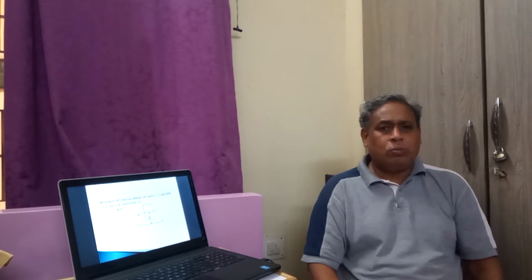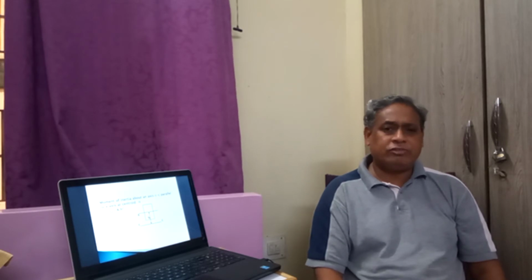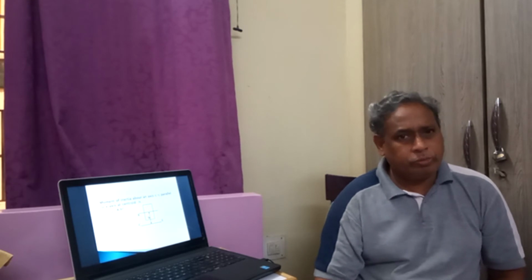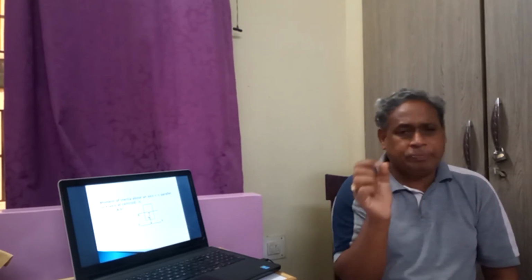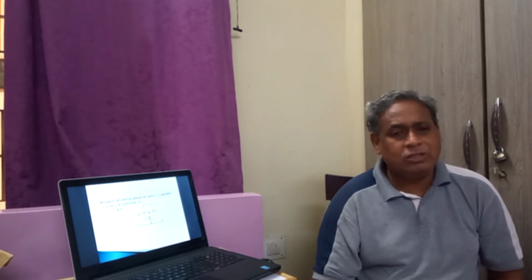Because we know the concept of moment of inertia is AD square, I is equal to AD square. So this IXX we got through the summation of the strips. Finally we got the summation of strips about the centroidal axis, that is the IXX.